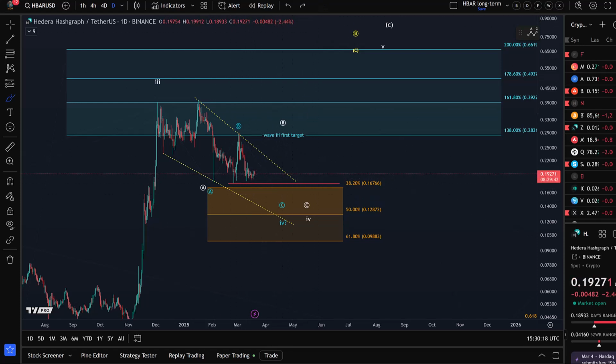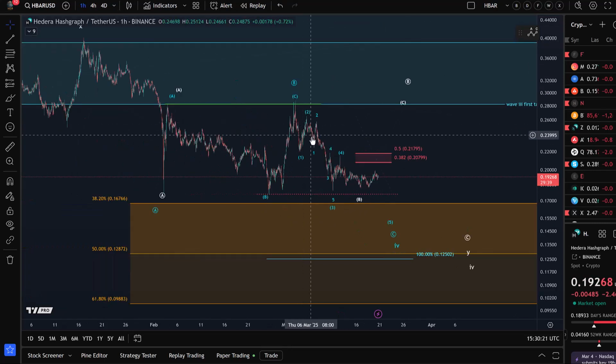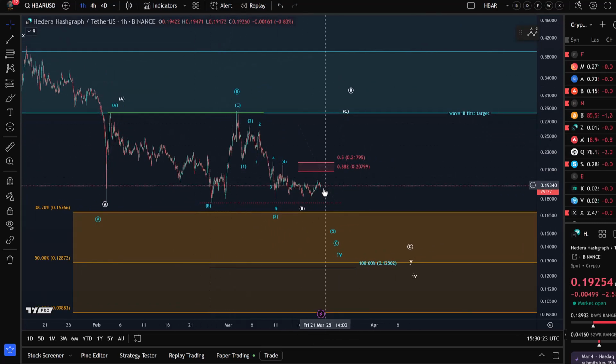This has to do a lot with market structure. Looking at the shorter time frame, you see the micro structures for this. You see that there is a Fibonacci, let's say, micro resistance area located between 20.7 cents and 21.8 cents.